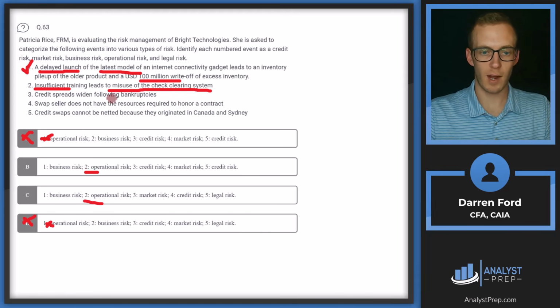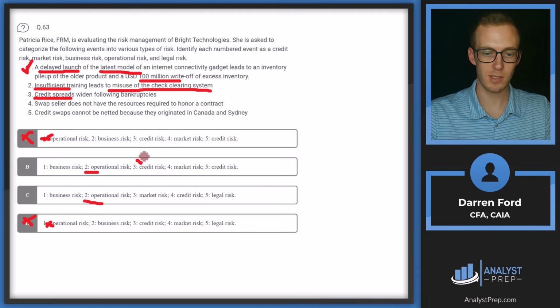C, credit spreads widen following bankruptcies. So we're looking at either credit risk or market risk here. This one's a little bit tricky since it says credit spreads. We would think that this would be credit risk, but it's actually going to be market risk. The reason for that is because this isn't necessarily affecting our credit risk in some way.